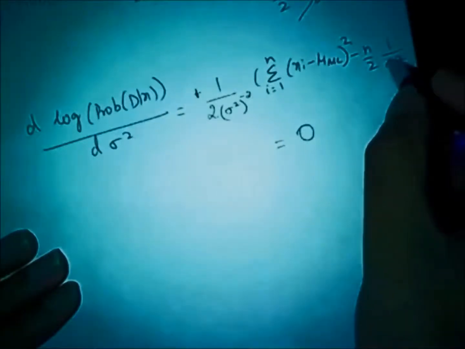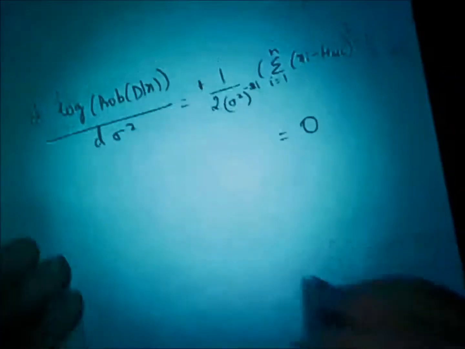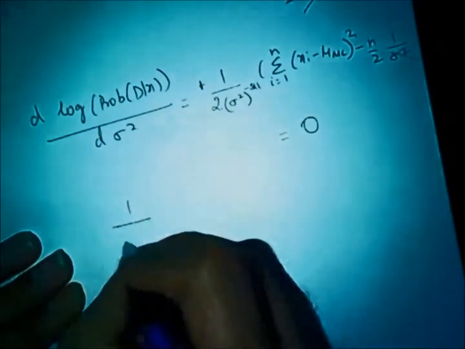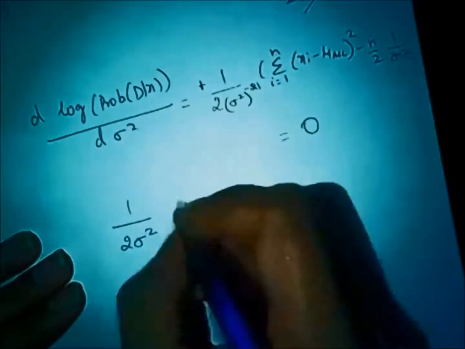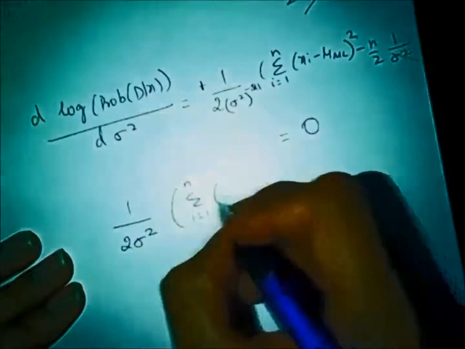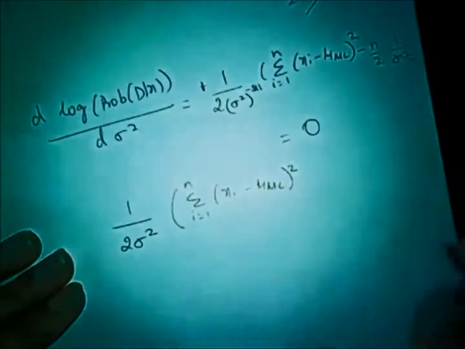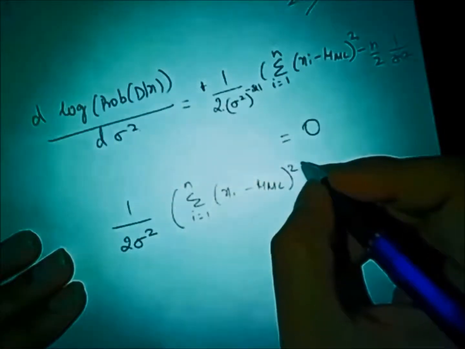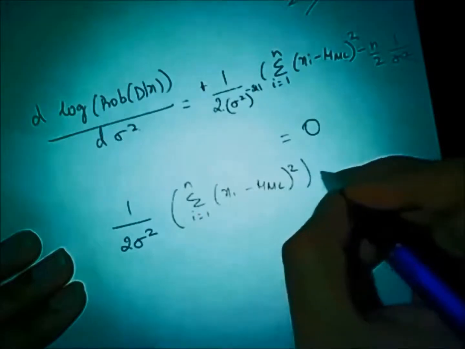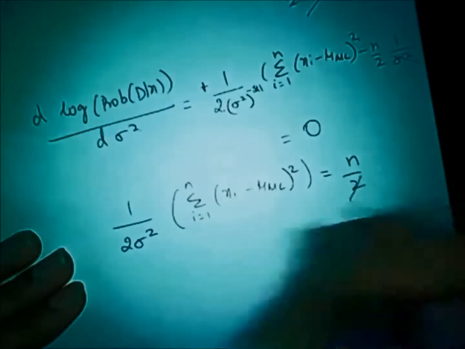So I'm going to cancel 1 sigma squared, and I'm going to get 1 over 2 sigma squared times this expression equals n over 2.